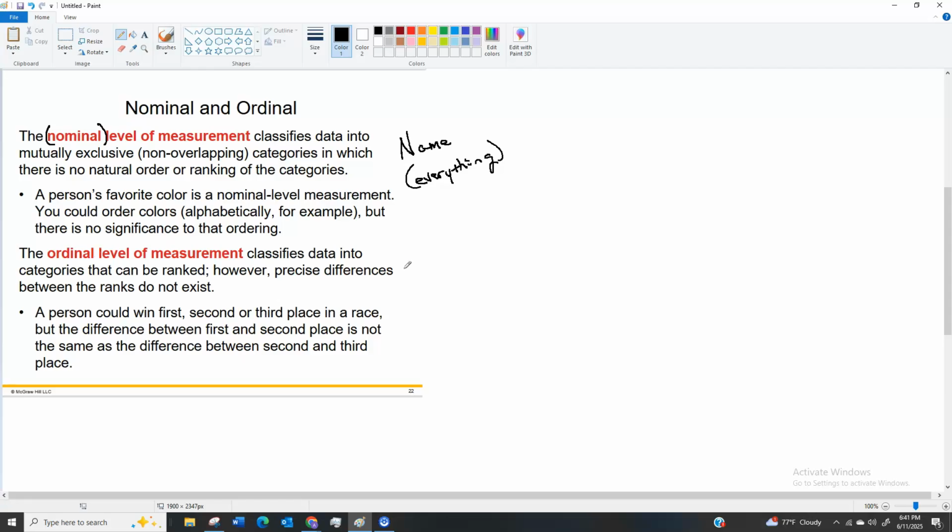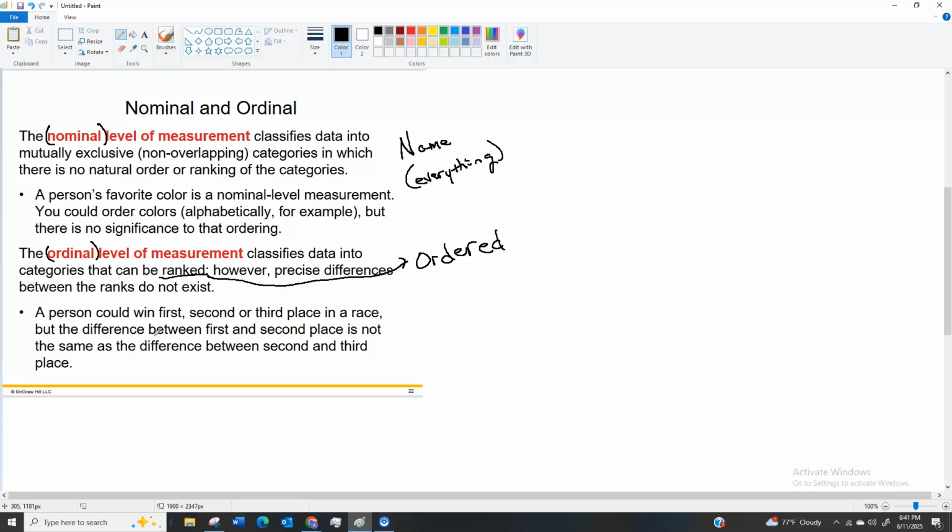So ordinal level, of course, the base word of ordinal is order. So if it can be ranked or put in order, okay, so if you can put it in order, it's ordinal.